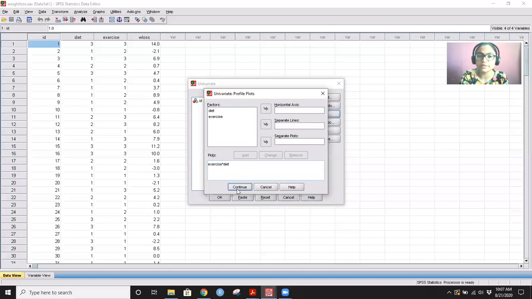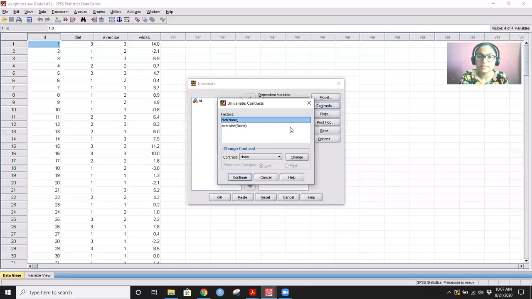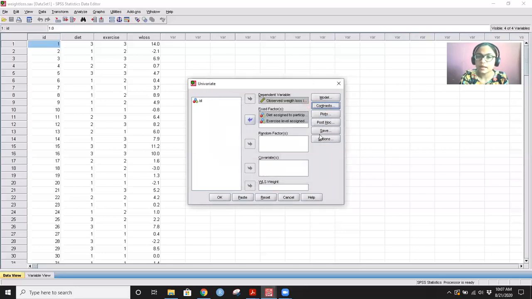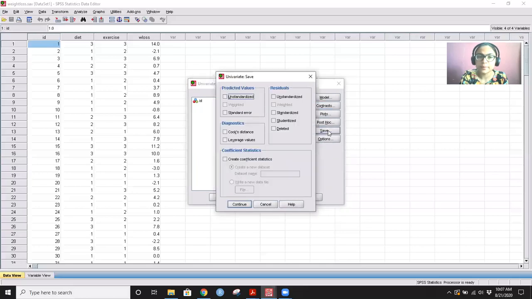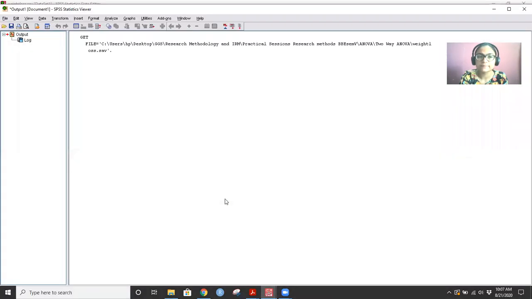So you should have this here. Continue. And I am not interested in contrasts. Okay, I think that's okay. I also don't want to save anything like the predicted values or anything. Click OK.